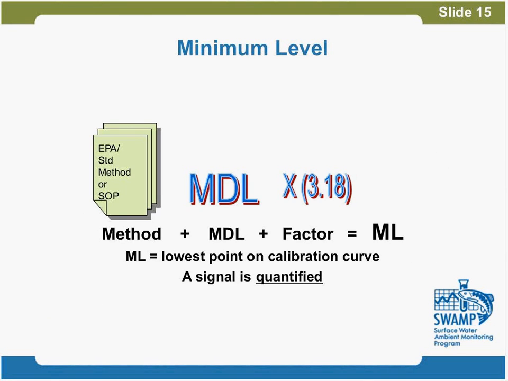What's important today for us to remember about minimum level? It's different from the method detection limit because now we have a signal that is quantified. The level is determined by a statistical equation that was determined by EPA, but it's also usually the lowest point on the calibration curve.